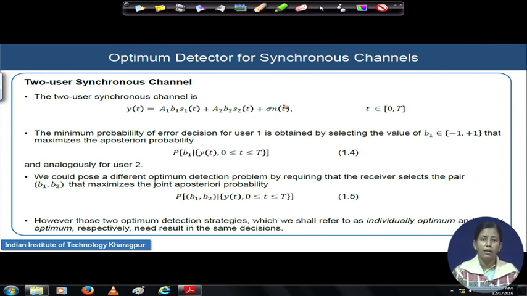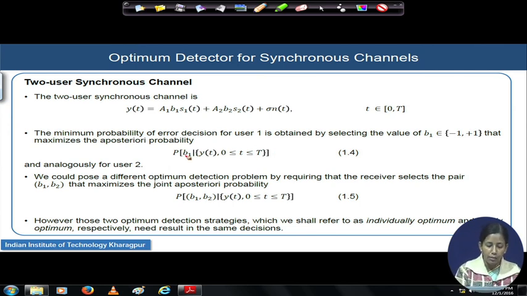So, the decision that corresponds to the minimum error probability for user 1 will be obtained by selecting the value of B1, where it belongs to either -1 or +1, such that this a posteriori probability is maximized. Here you are given the probability of B1 given that y(t) is received, where t varies between 0 and capital T. So, the value of B1 that maximizes this probability will be the minimum probability of error decision.